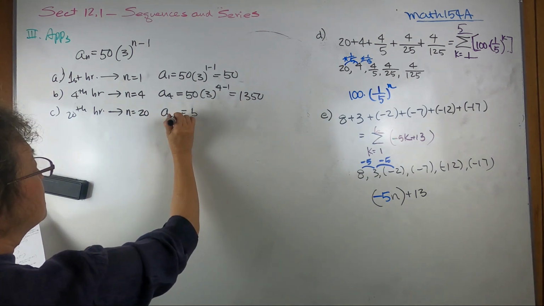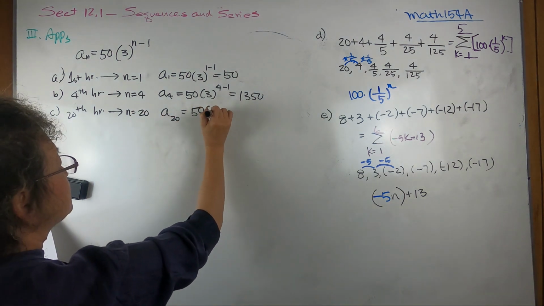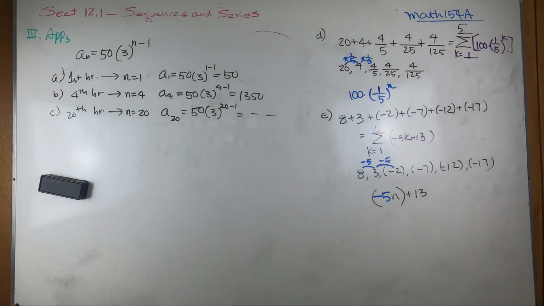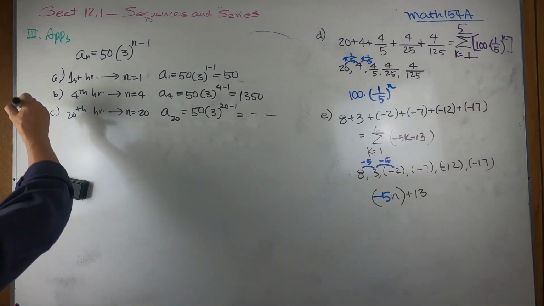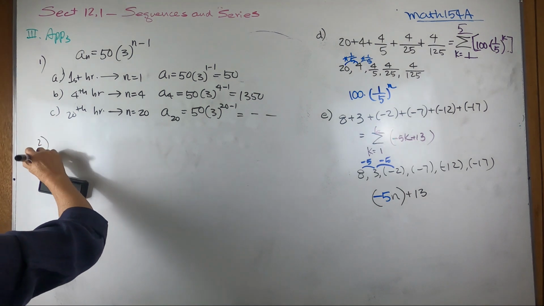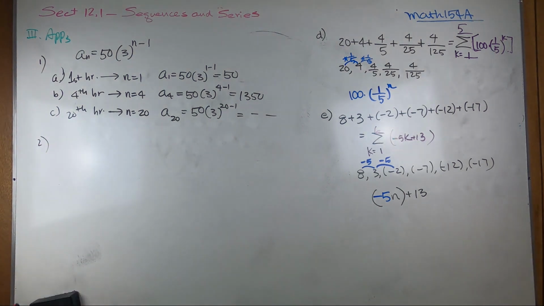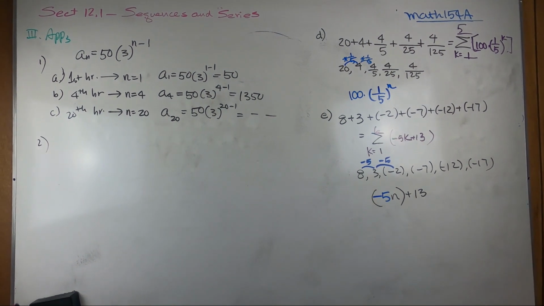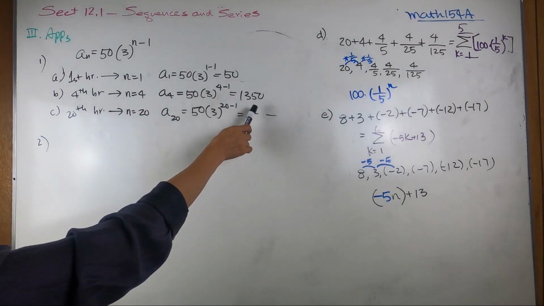So we find A20, 50 times 3 to the 20 minus 1. Then it's so many, you can just plug into the calculator to do that. That's how we see the sequence of events for each hour, and how many there are.